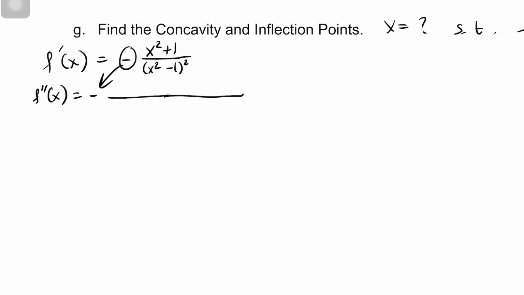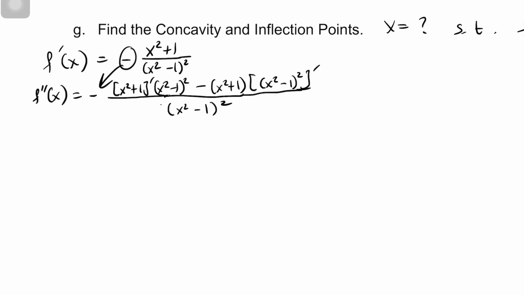We're going to take the derivative of the top and leave the bottom as it is, minus, leave the top as it is, multiply by the derivative of the bottom. Okay, and then we'll take the derivatives now.